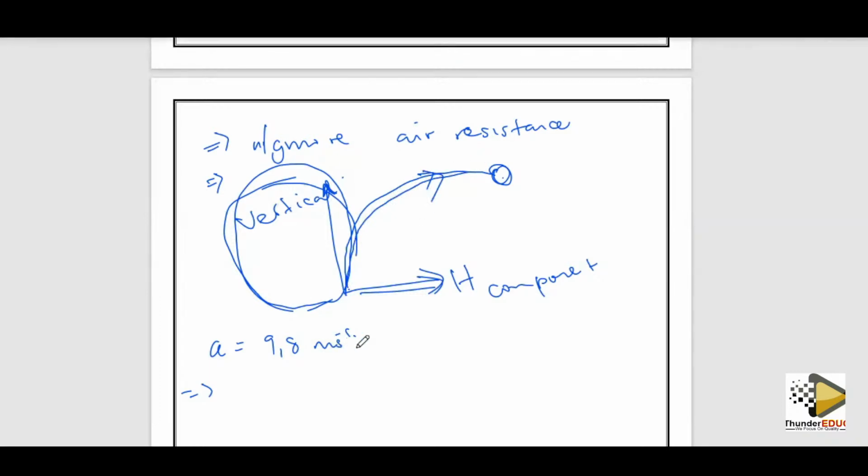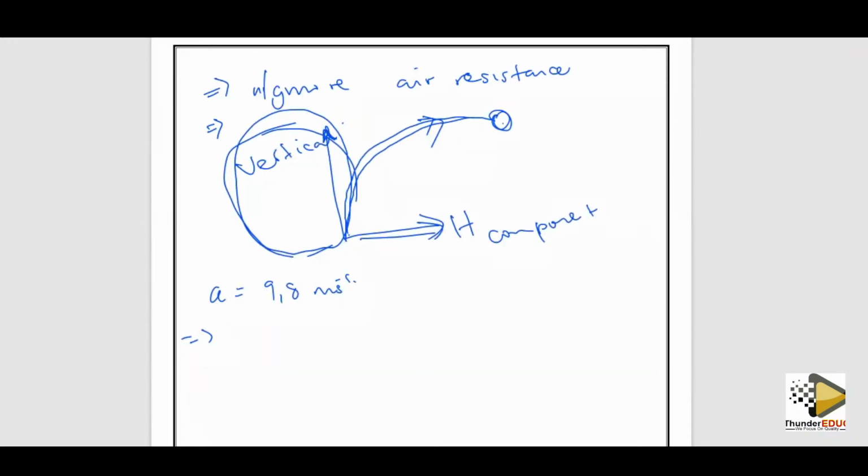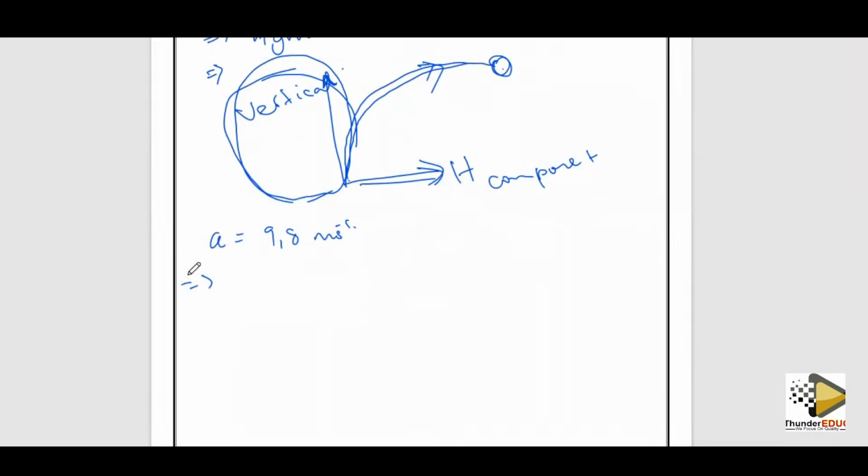Then another thing that we need to talk about will be the definitions, the terms or terminologies that we normally come across under vertical projectile. Number one is what we call free fall.